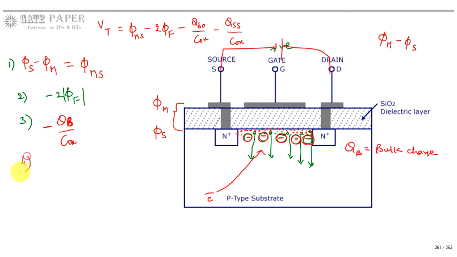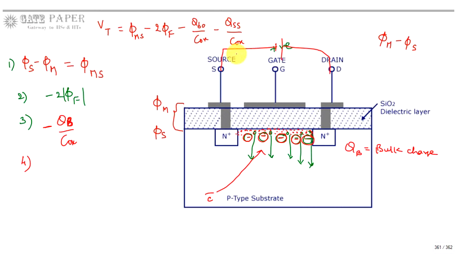And the fourth one is essential, and it is always going to be present. It cannot be removed. It is called the undesired positive charge.